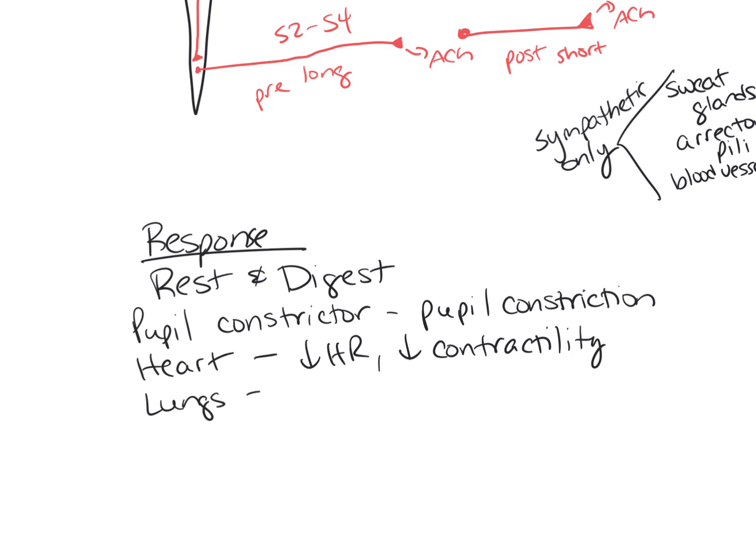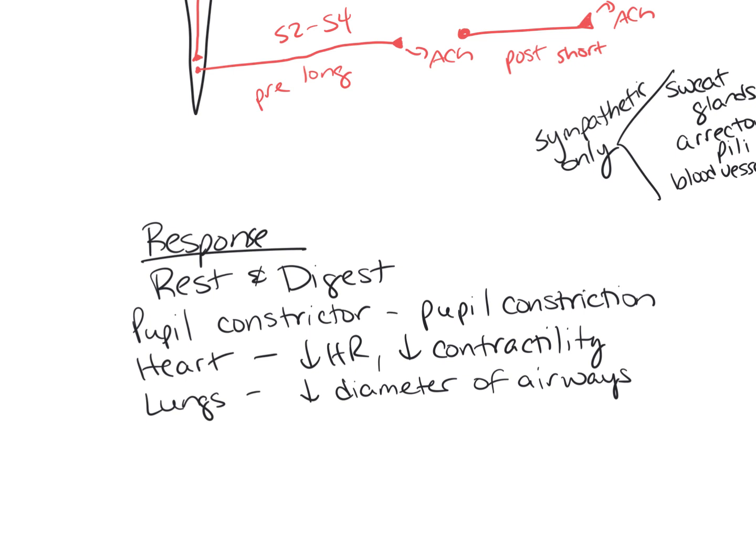The lungs will be inhibited too, and there will be decreased diameter of the airways. So there will be less air coming into the lungs. When you're resting and digesting, like just after a big meal, you think about getting all sleepy and your eyes become constricted and your breathing rate slows down and your heart rate slows down.